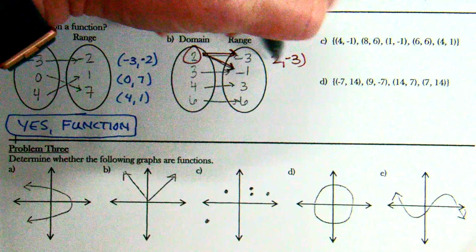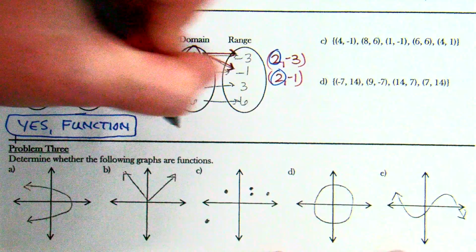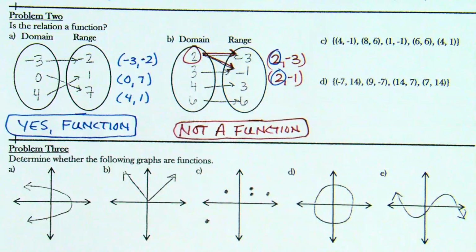Right there is the problem. The fact that 2 is paired with 2 different y values. It's only allowed 1. And so because of this, it is not a function. I don't care if you write no, not a function, however you write it, as long as you get the idea across.